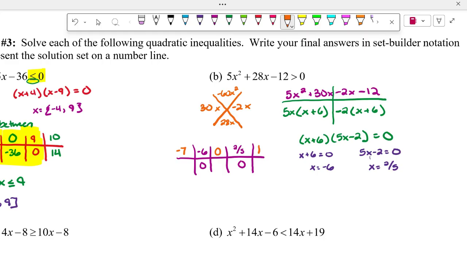So if I plug in negative 7, what would you get? Just plug it into your calculator. You get 37.